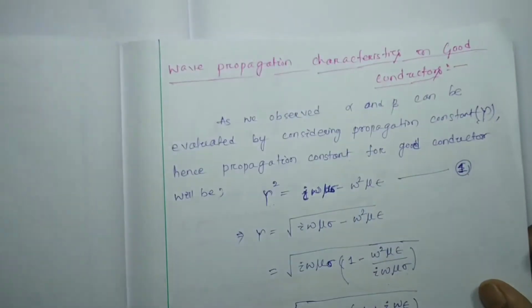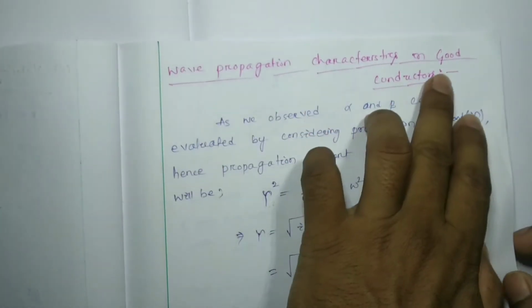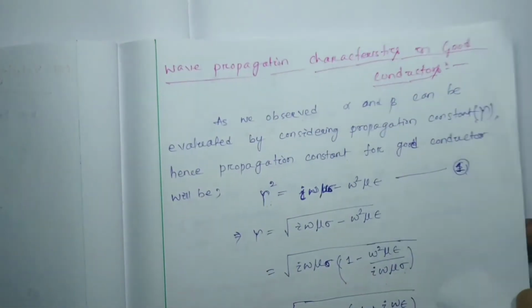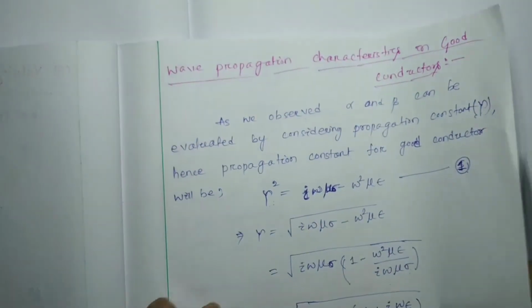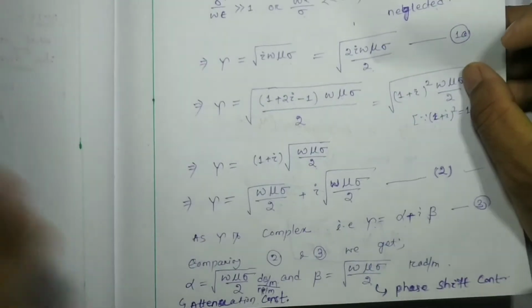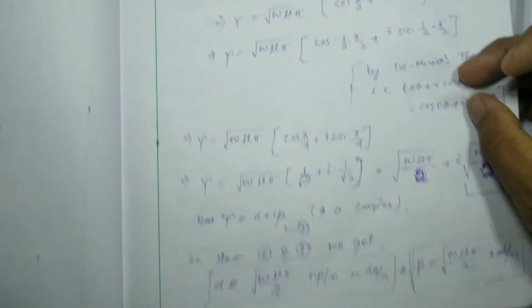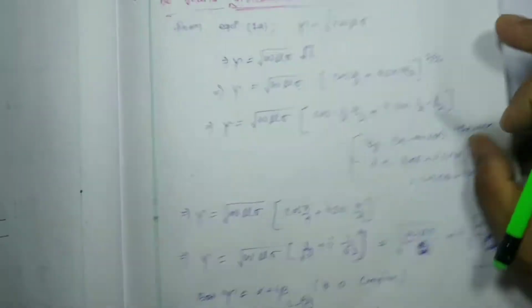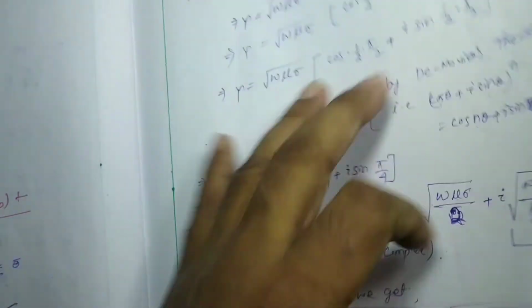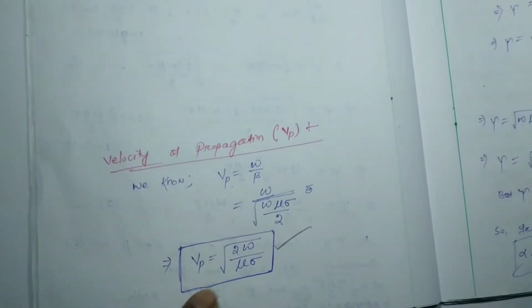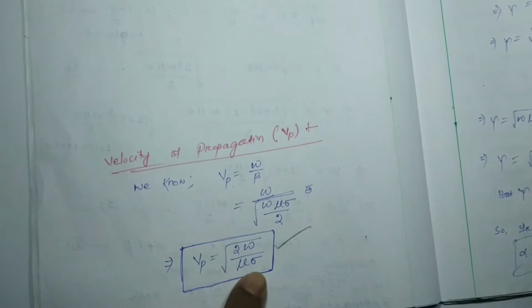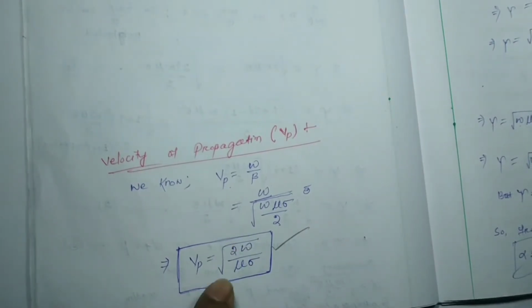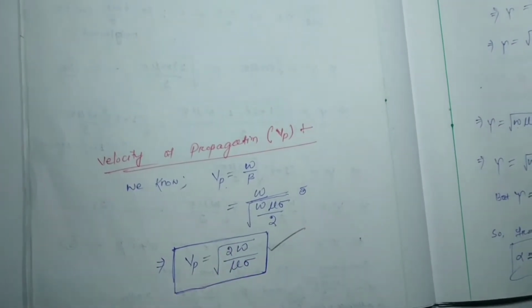We also discussed wave propagation characteristics in good conductors. Here also we found alpha and beta, with an alternative method giving the same results, and then the velocity of propagation in a conducting medium, which is the square root of 2 omega by mu sigma.